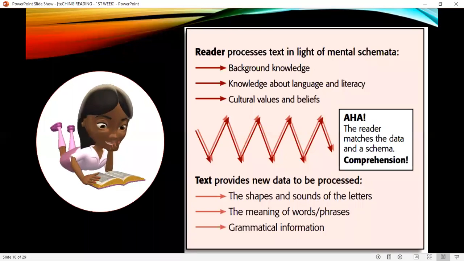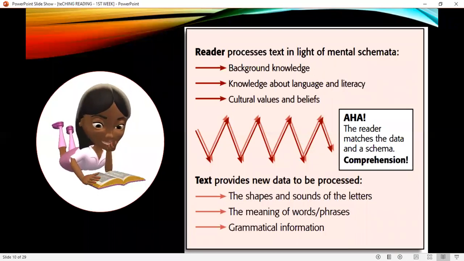And cultural values and beliefs. And in the second, at the bottom, we have the text, the written information. So the text provides new data to be processed: the shapes and sounds of the letters, the meaning of words or phrases, grammatical information. So we have all of this.